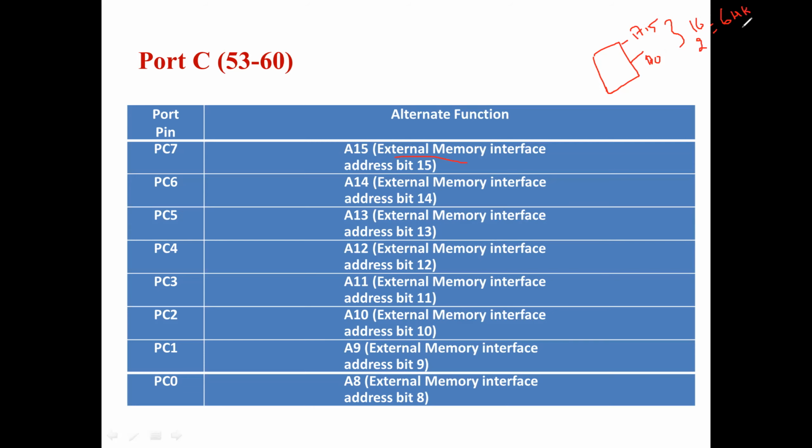So 64 kilobytes of locations can be interfaced. That is, externally you can interface this size of memory, whether data memory or program memory, to your ATmega, more specifically the 2560 microcontroller.